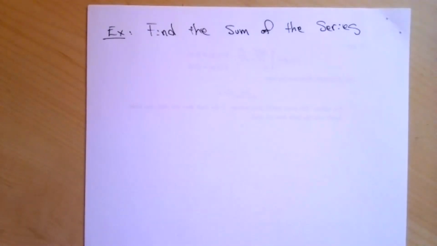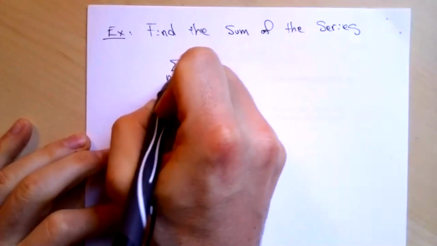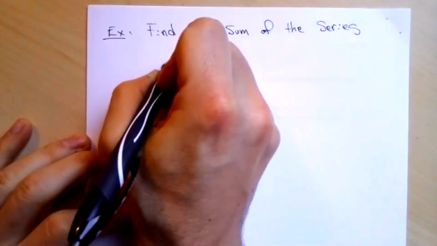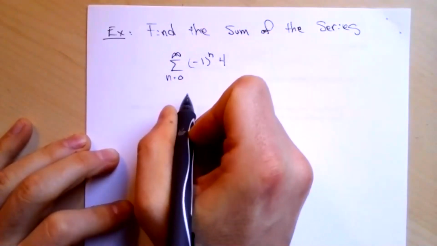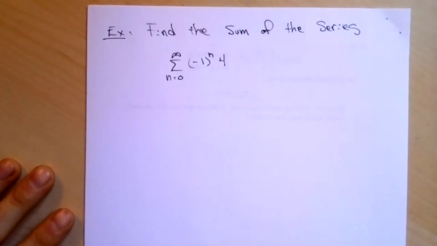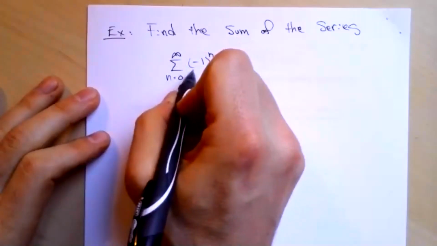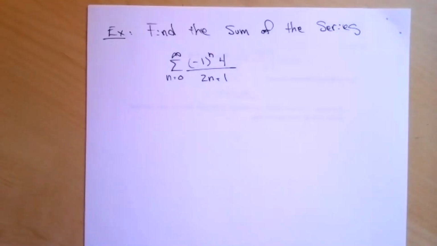If it converges, find the sum. So our series is just going to be the sum from n equals 0 to infinity of minus 1 to the n times 4 over 2n plus 1.